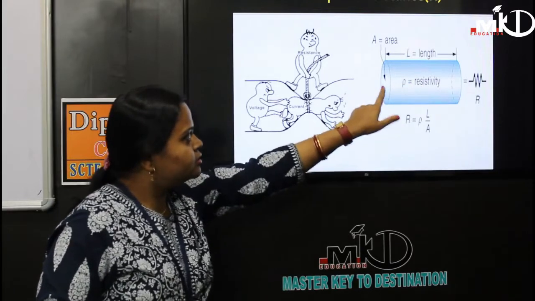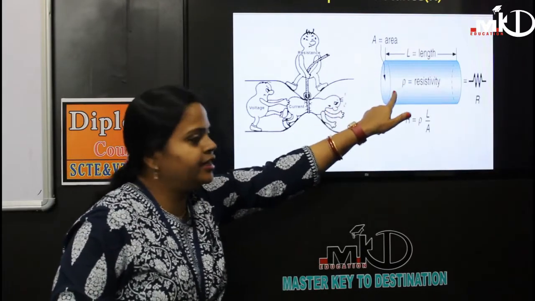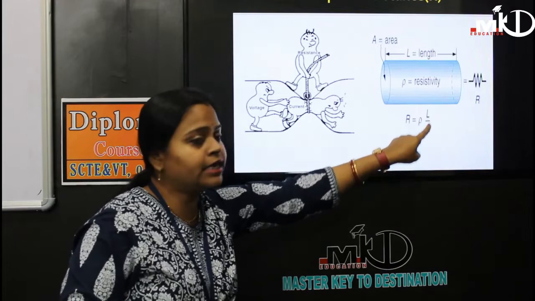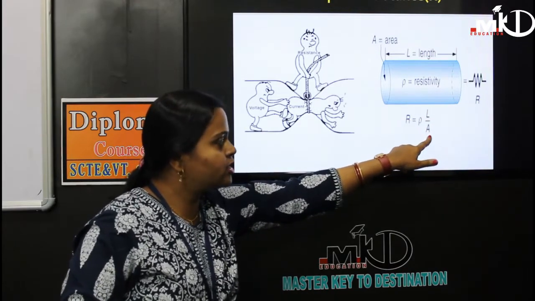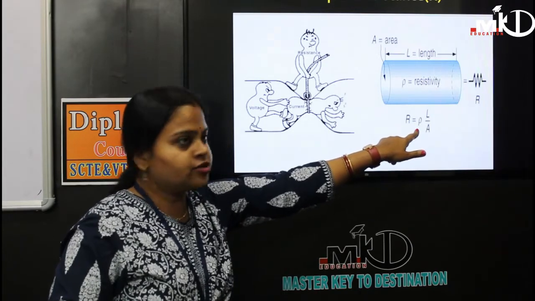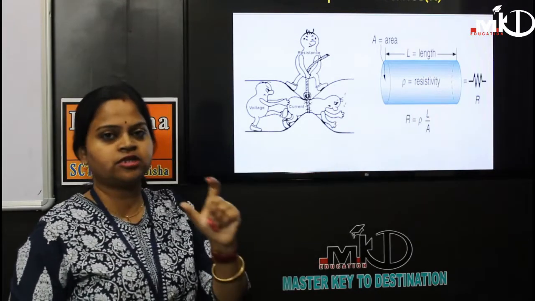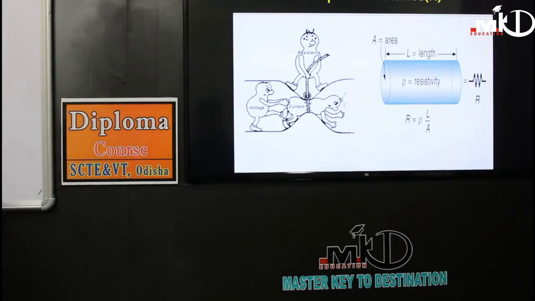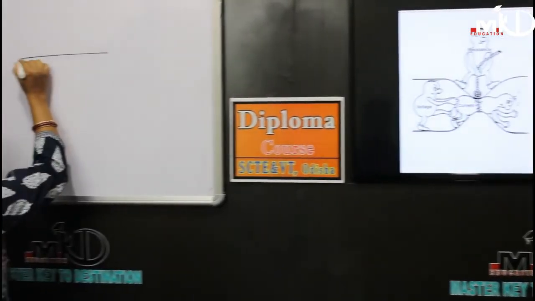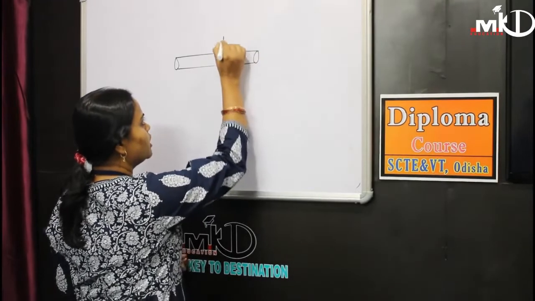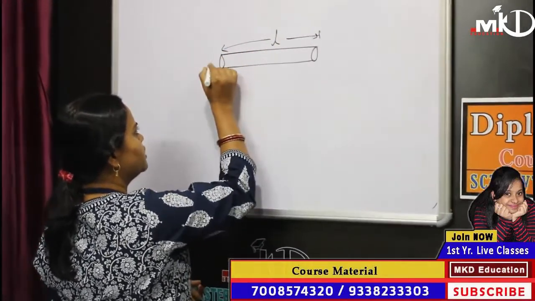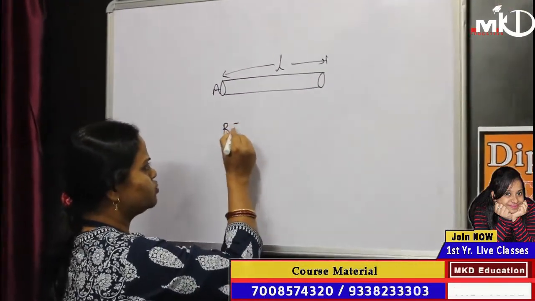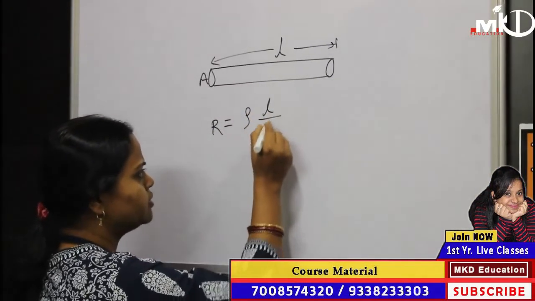This is the length of the conductor and this is its cross-sectional area. The formula is R is equal to rho L by A, where L is the length, A is the cross-sectional area, and rho is the proportionality constant, known as resistivity or specific resistance of a particular material.